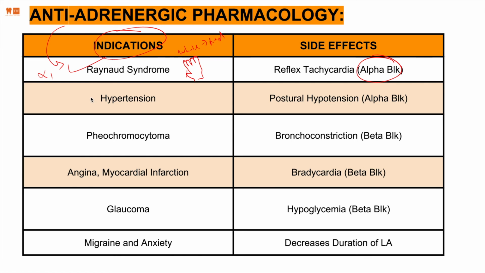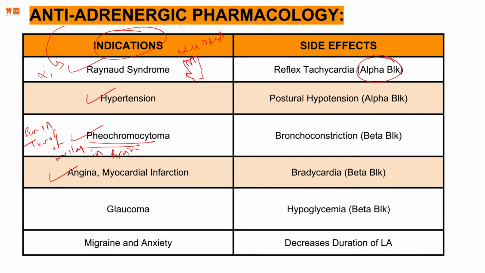Hypertension is another indication to use beta blockers. Pheochromocytoma. Remember from the cholinergic videos, this is the benign tumor of the medulla in the brain.